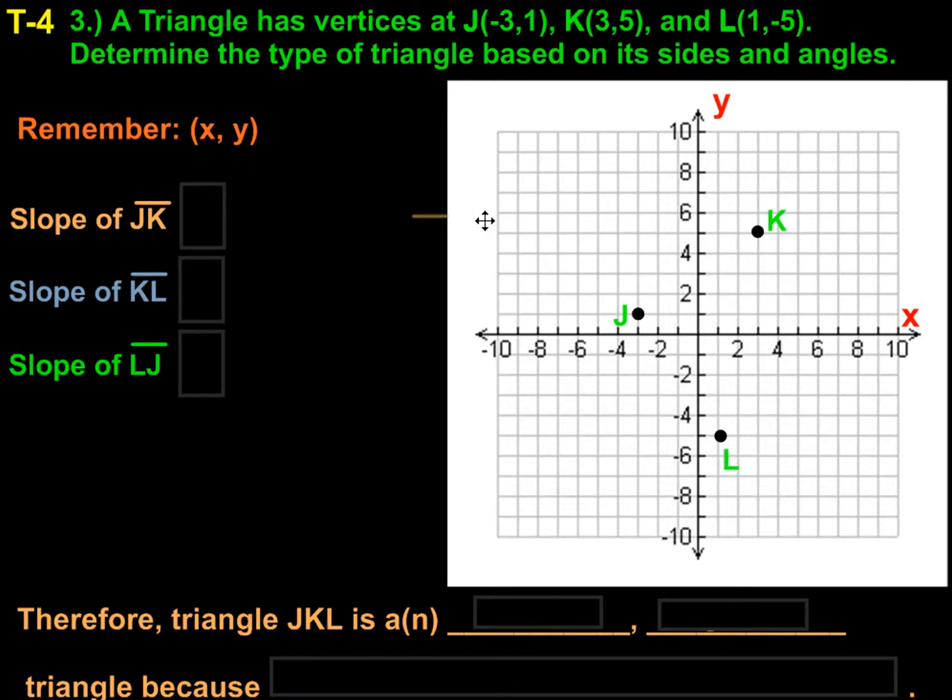Now we want to connect side JK. Connect that like that. Then we want to connect side KL. Like that. And then we want to connect side LJ.